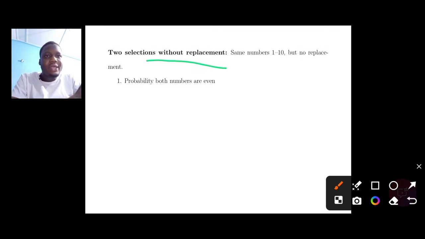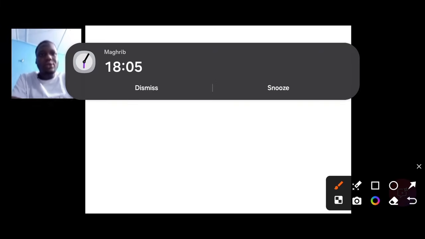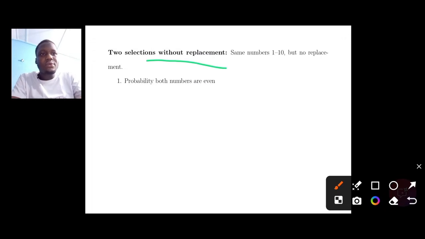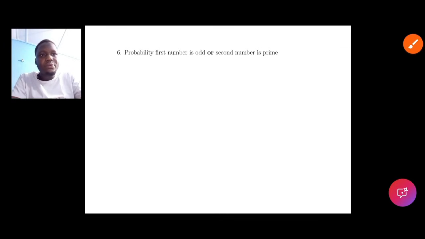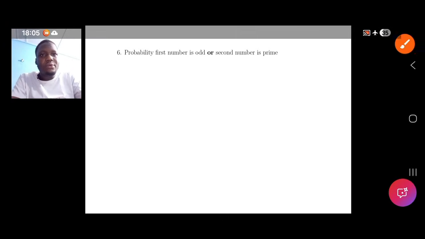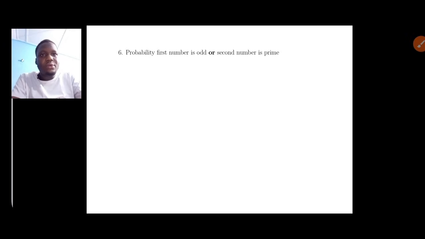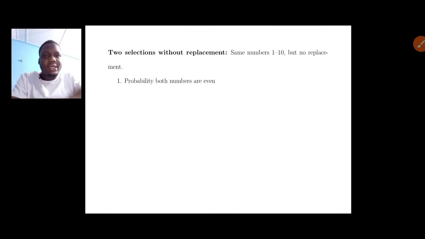So when you pick, it affects the second. So this is the second set where we have 2 selections without replacements.